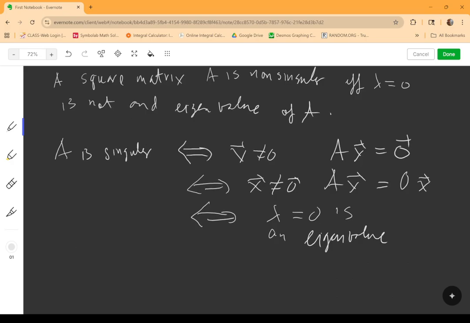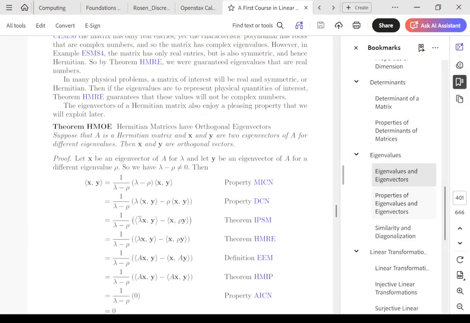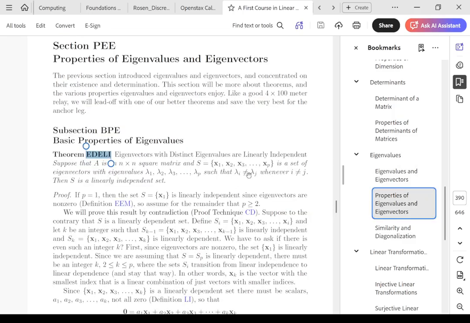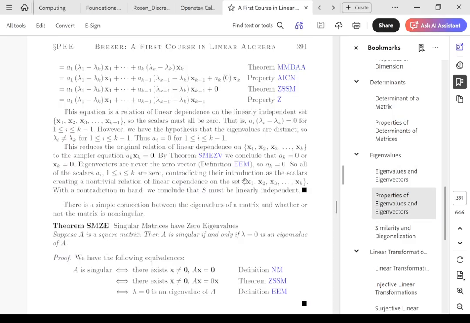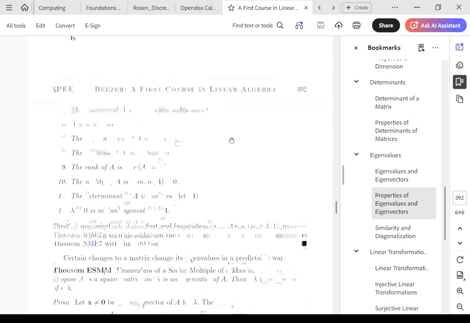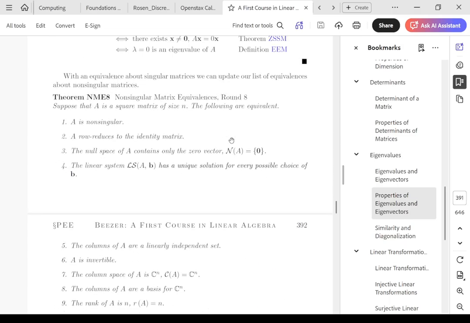So that means that we can add another condition to our NME. So let's bring that up here. We're on round number 8 here.